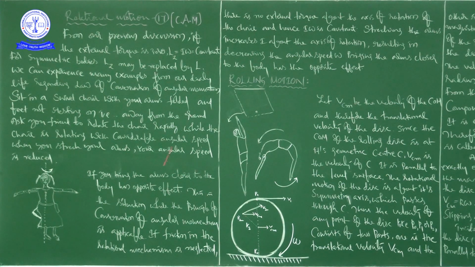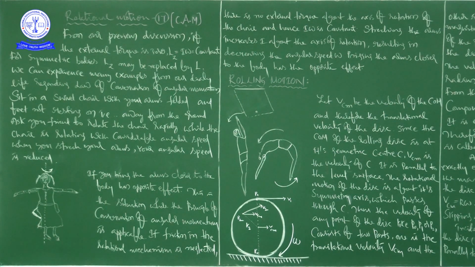Throughout this discussion related to conservation of angular momentum, the key points are only two things. One is, when she stretches her arms, angular speed is reduced, and moment of inertia will increase.